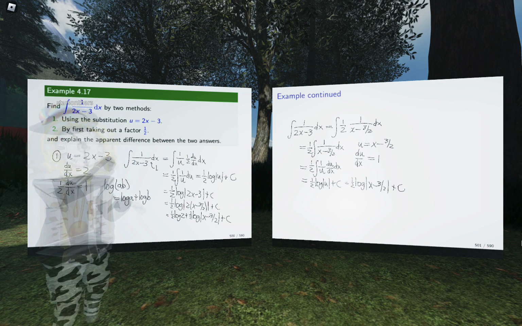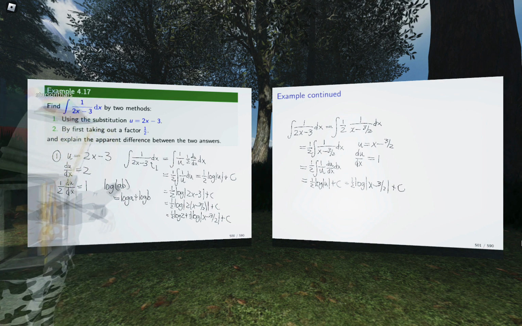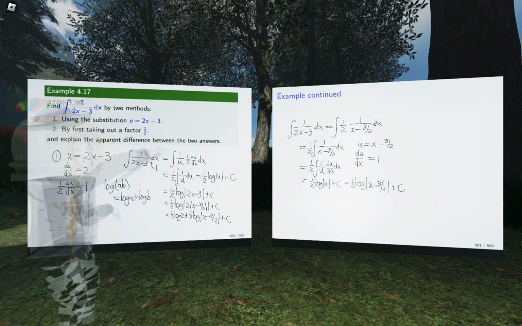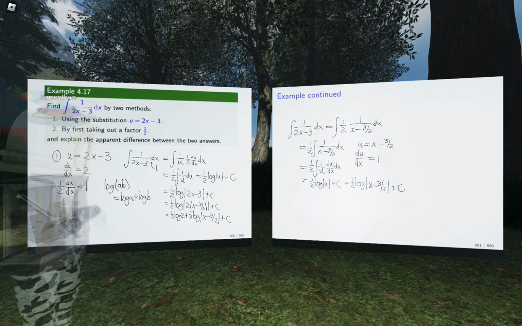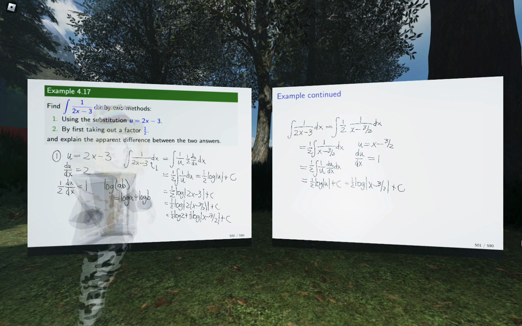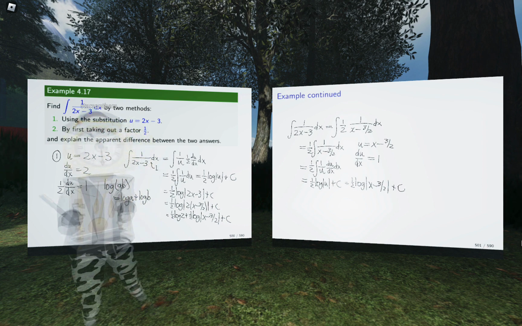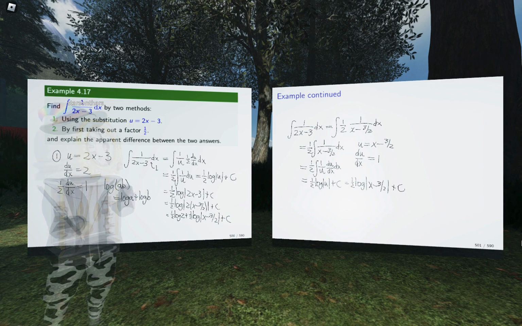And those are indeed the same thing, because they differ by a constant, right? Which means that I can absorb this constant into that c and have the same thing as I did over there. All right. So when you're integrating, don't be worried if the expressions look a little different. They may actually be the same family of functions.